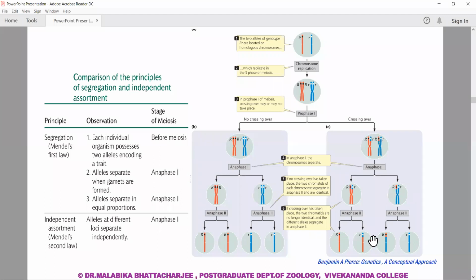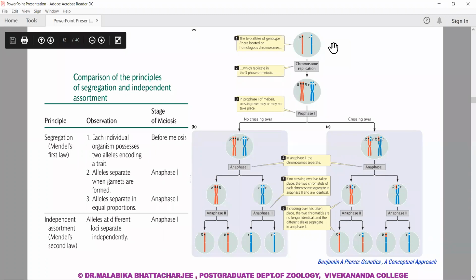So there has been exchange of chromosomal paths, but yet again each gamete bears a distinct set of alleles, so the segregation has taken place. Each gamete has either a capital R or a small r, obtained from the parental capital R and small r. So this was Mendel's monohybrid cross and the principle of segregation.